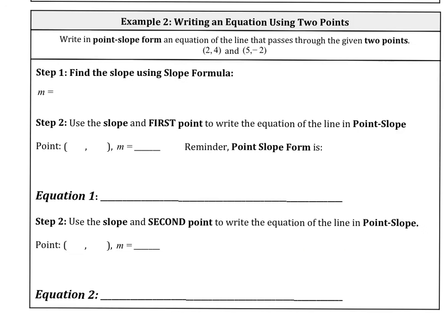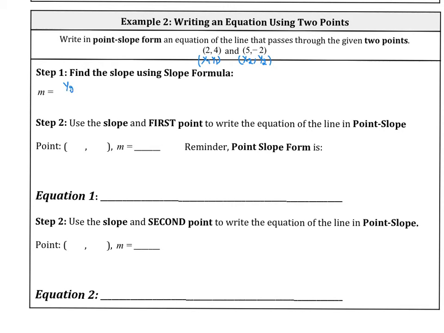Now let's discuss example number 2, writing an equation using 2 points. Write in point slope form an equation of the line that passes through the given points (2, 4) and (5, -2). First thing you want to do is to find the slope of these 2 points. So name them as x1, y1 and x2, y2.